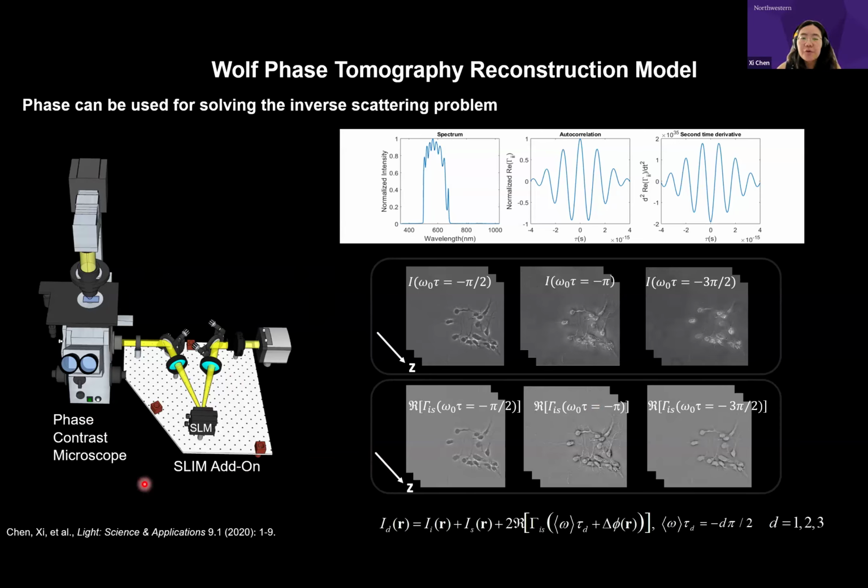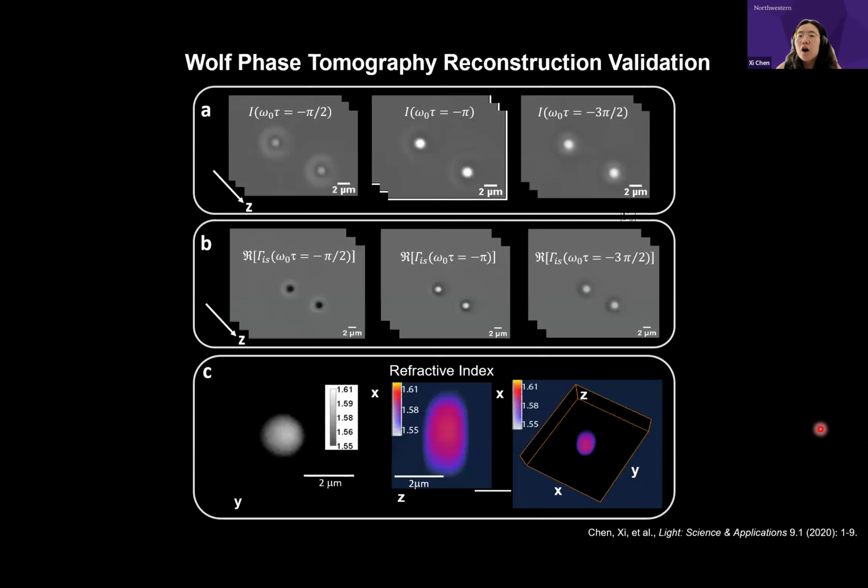SLIM stands for spatial light interference microscopy, one of the techniques we developed earlier in Dr. Gabriel Popescu's lab at UIUC. It is basically a phase-shifting, common path interferometer. Using this modality, we can retrieve the gamma term, the correlation between the incident and scattered light. With a set of images, you can then retrieve the refractive index of the object.